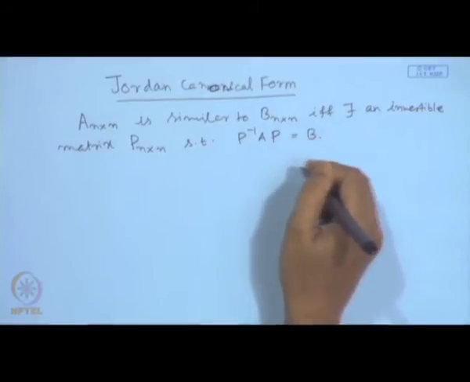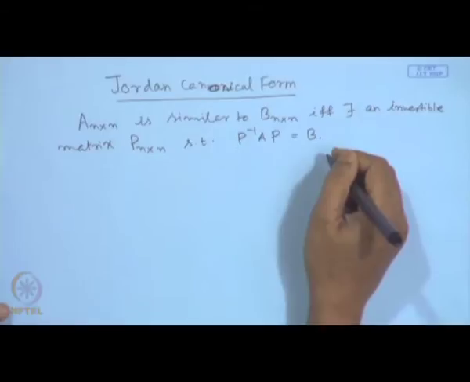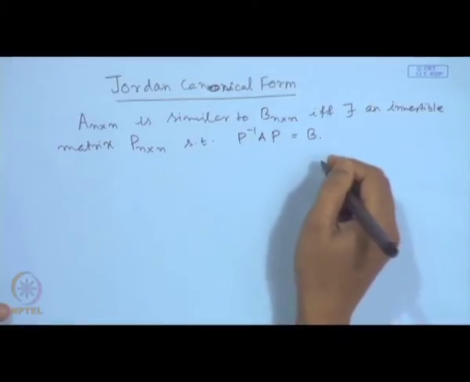In the previous lecture we have seen that not all square matrices are similar to diagonal matrices, or in other words not all square matrices are diagonalizable. But here we shall see that every square matrix is similar to a matrix that is nearly diagonal.